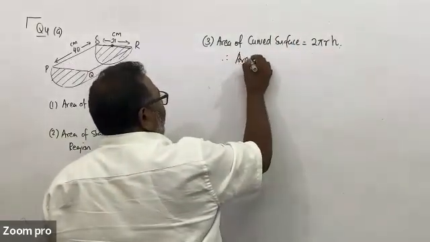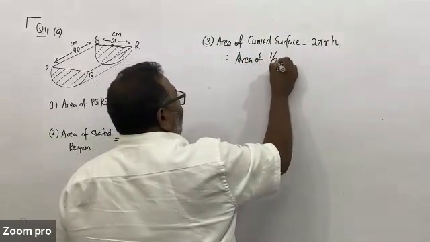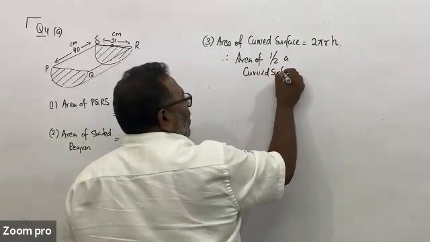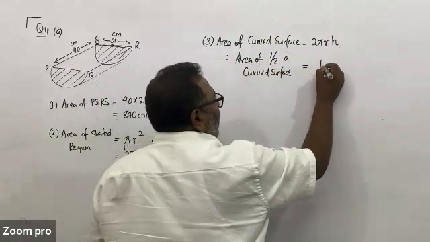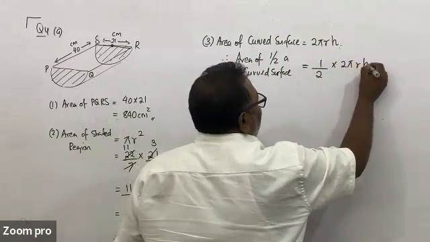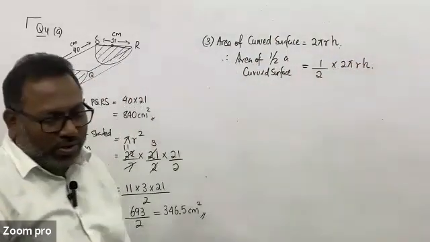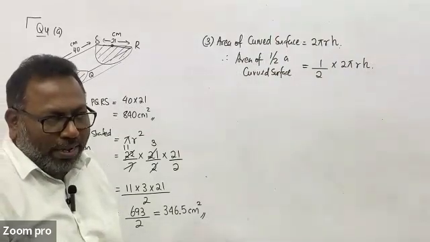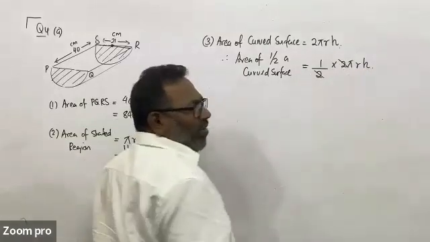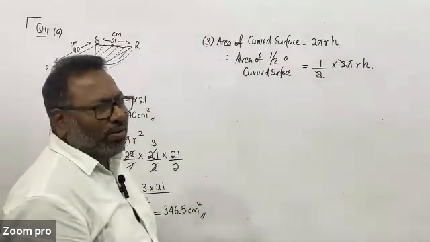Therefore, area of half a curved surface is going to be half into 2 pi r h. You followed? Half into 2 pi r h. You can simplify this 2 and this 2 straight away. You can cut it out, right?